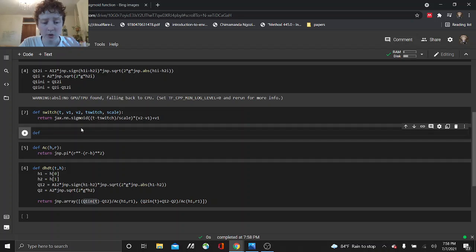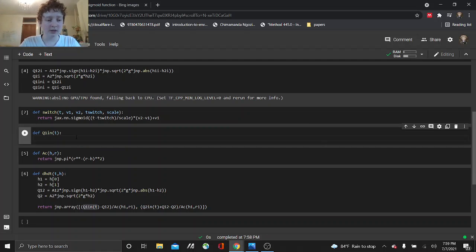So we're going to say that our Q1N, with change in time accounted for, is going to return the switch function that we just defined, and it's going to have an input of time.